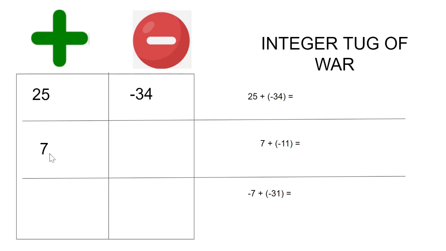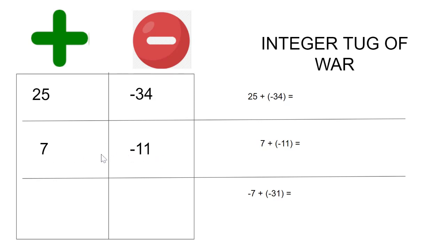The next problem, we have 7 on our positive team, and on our negative team, we have negative 11. So we have members on both sides. They're at war. We're going to subtract. So 11 minus 7 is 4.